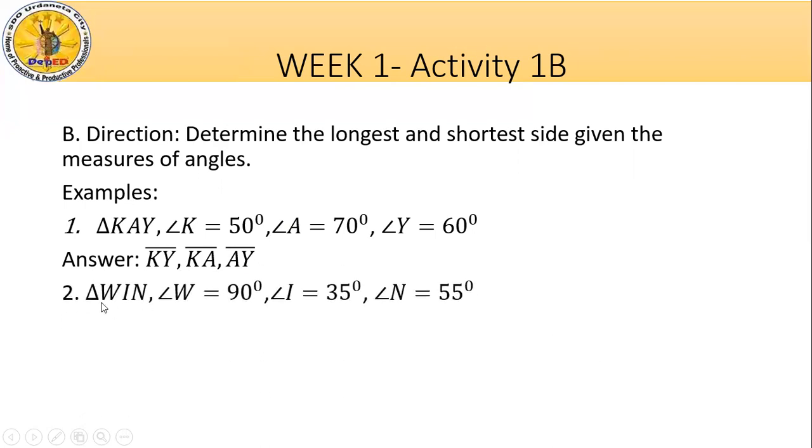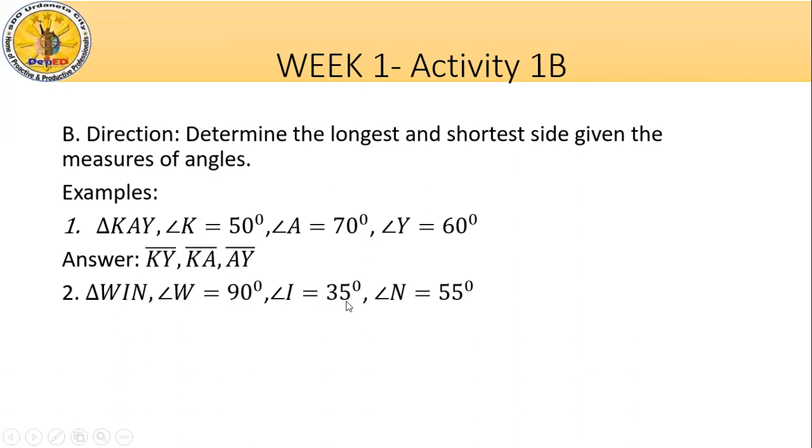Number two, in triangle WIN, angle W is 90 degrees, angle I is 35 degrees, and angle N is 55 degrees. So what is the largest angle again? It's angle W. What is the side opposite angle W? So it's line segment IN. How about the shortest side?